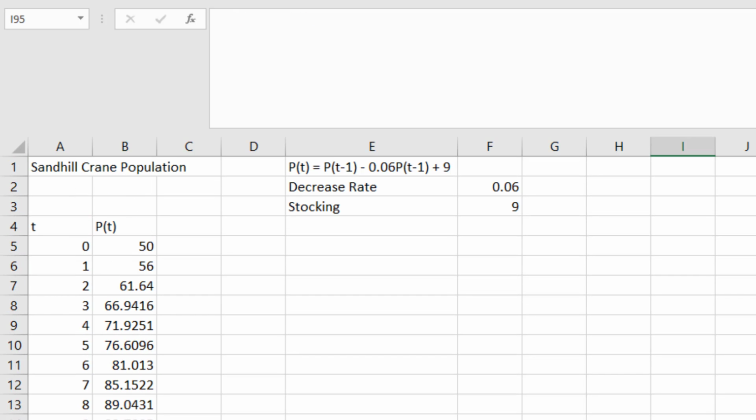And we see now that, yes, the population is actually increasing. It's going up. We could play around with these values to find out maybe if there was an equalizing sweet spot. Maybe the population keeps at a steady, constant population with just the right amount of stocking or just the right decrease rate. But this is a question we might ask in future sections.